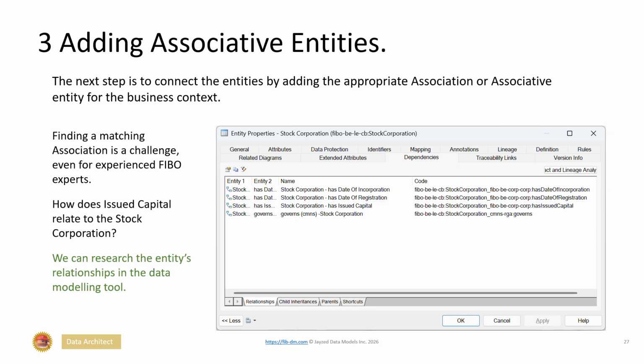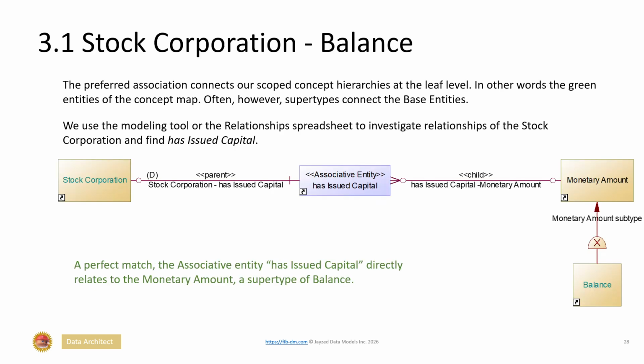So here for the stock corporation, we see associations like has date of incorporation and has date of registration, and finally has issued capital. So let's connect the stock corporation to its capital balance.